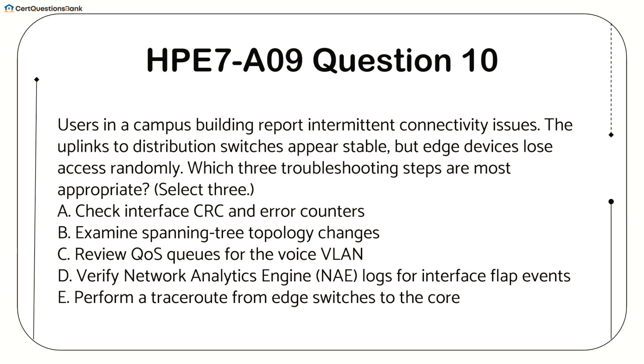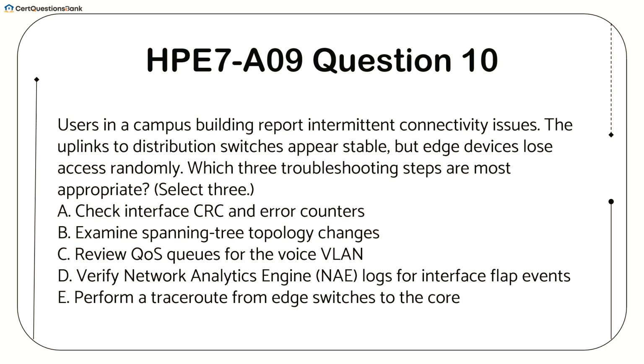Users in a campus building report intermittent connectivity issues. The uplinks to distribution switches appear stable, but edge devices lose access randomly. Which 3 troubleshooting steps are most appropriate? Select 3. A. Check interface CRC and error counters.